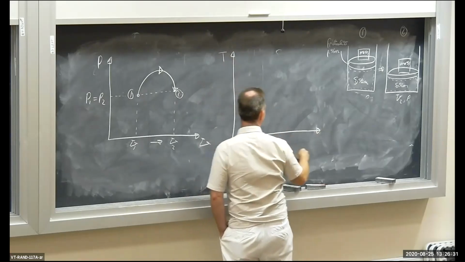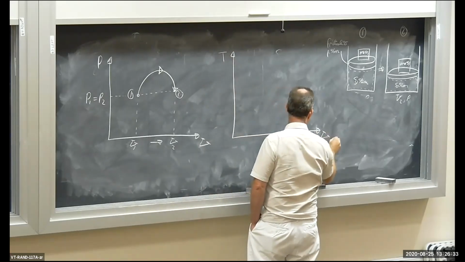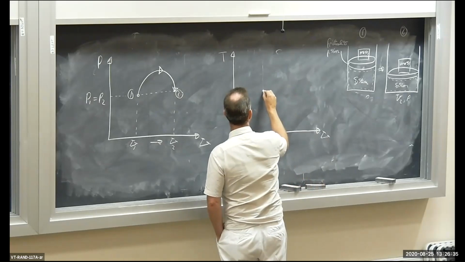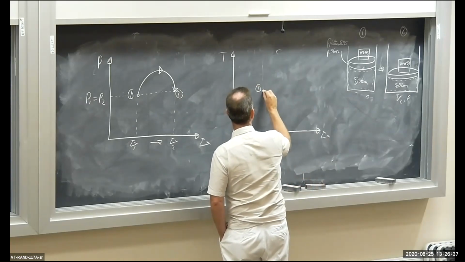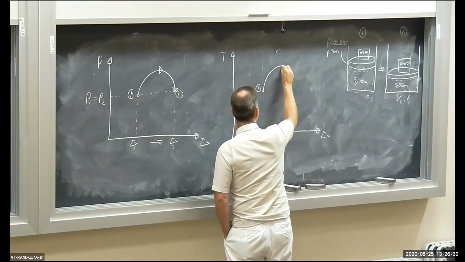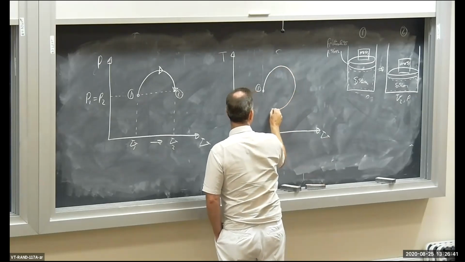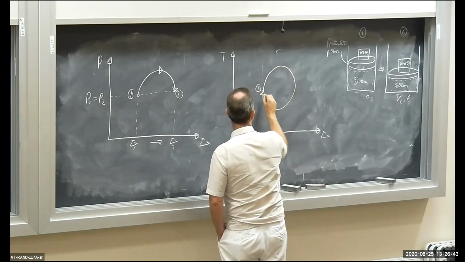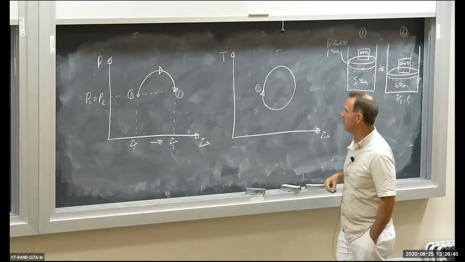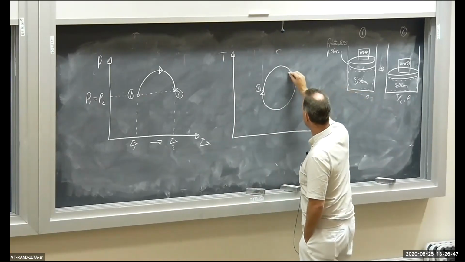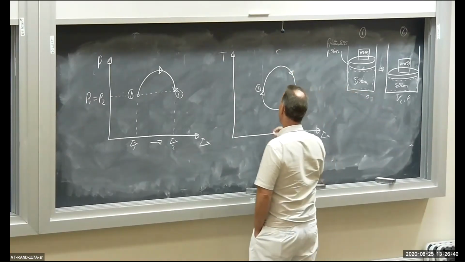Here's temperature and volume. State 1. Around in a circle.